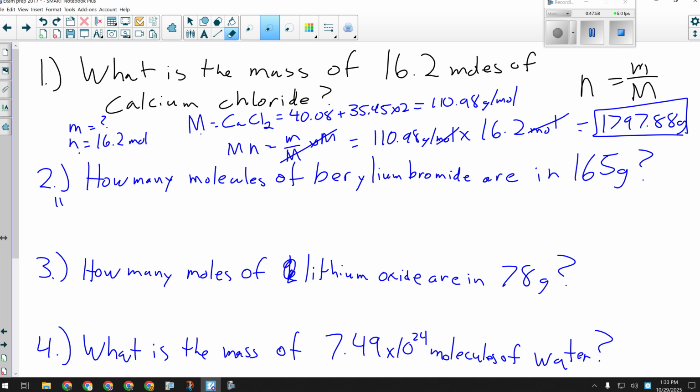So in number 2, we're looking for the number of molecules. So will I need Avogadro's number for this one? Remember that Avogadro's number is 6.02 times 10 to the 23, and it is the number of particles in a mole. Now, it tells us that the material here is beryllium bromide, BeBr2.